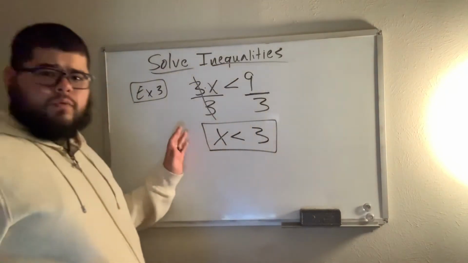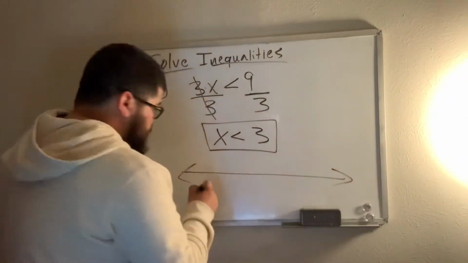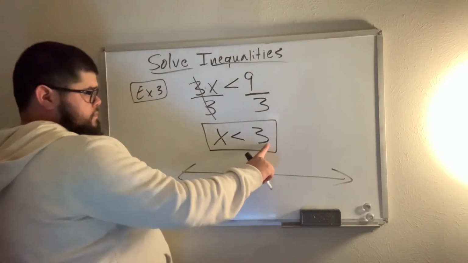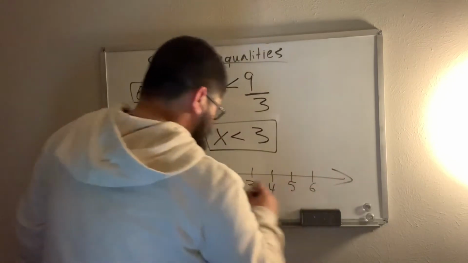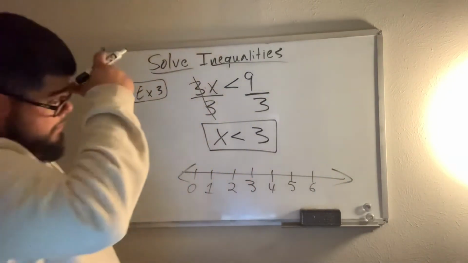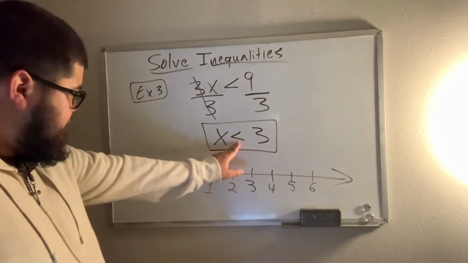We solved our inequality, and now we're going to draw a number line. Where do we start? On the number 3. This is 4, this is 5, this is 6. This is 2, this is 1, this is 0. Now, ask ourselves, what symbol do we have?